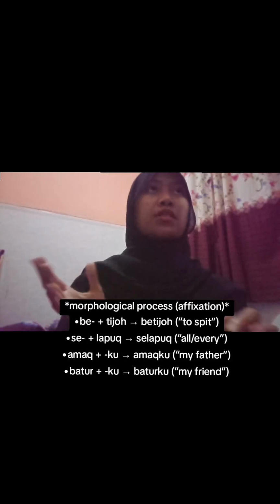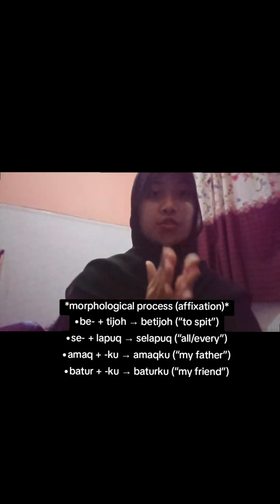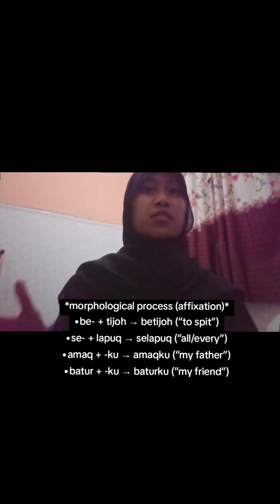And the third one is the morphological process, or affixation. The main morphological process in Sasak is affixation, which means adding prefixes or suffixes to a root word. For example, be is the affix plus tijo, it becomes betijo or to speed. The next is selapu.